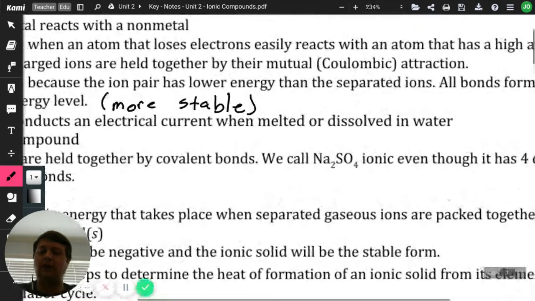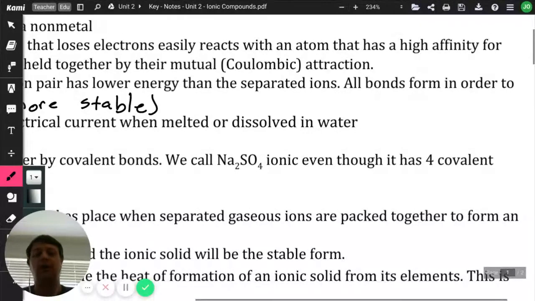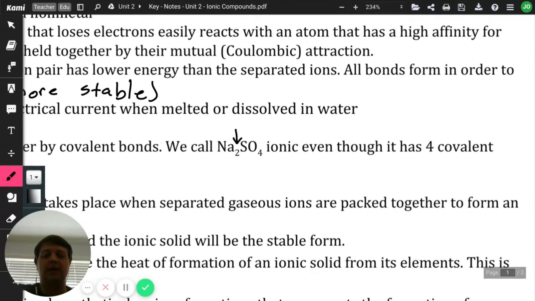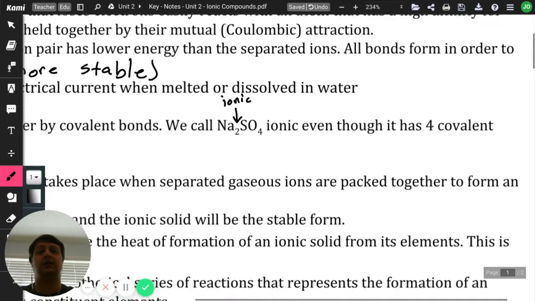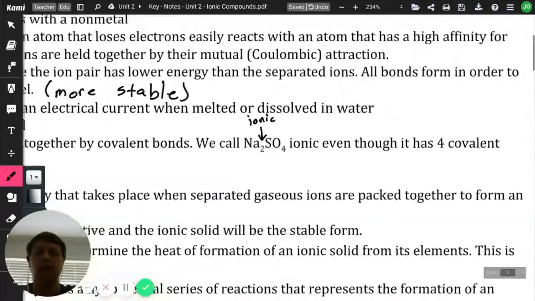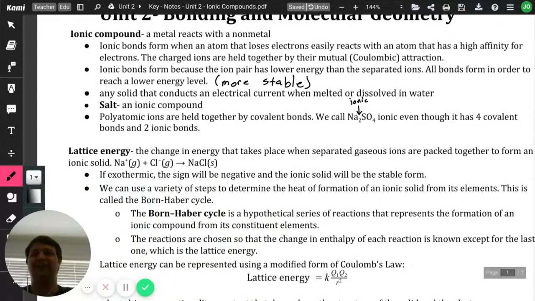So in the case of sodium sulfate here, we call it ionic, even though it's got 4 covalent bonds, because the bond that forms between the sodium and the sulfate is an ionic bond. There's a high difference in electronegativity there. So even though there are more covalent bonds, because the sulfate is technically forming covalent bonds, we do call it ionic because there is that ionic attraction. There's that gaining and losing of electrons that's occurring.